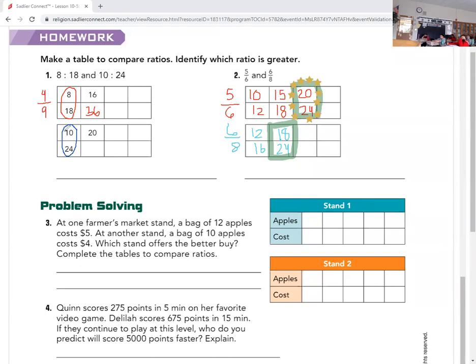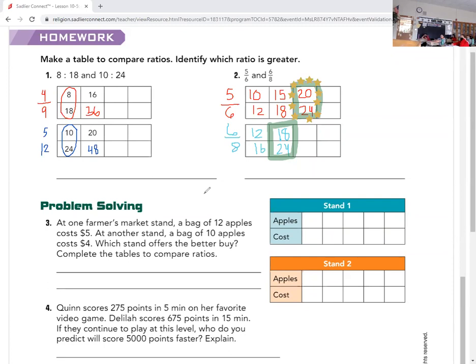Reduce down 10/24. What do you get? 5/12. All right, let's fill this one in. How would I get from 5 to 20? Times 4. 12 times 4? 48. Do I have any common denominators yet to compare with each other?